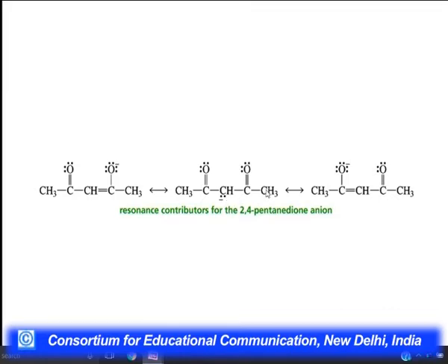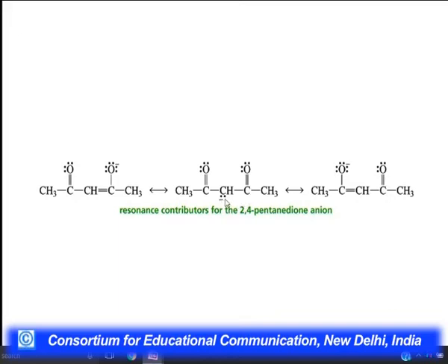We have two kinds of alpha hydrogens here, and these alpha hydrogens are equivalent. This alpha hydrogen is more acidic because it is attached to a carbon which is sandwiched between two electron withdrawing carbonyl groups.